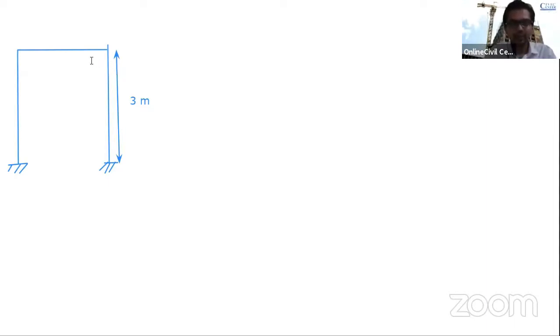Now, as we know, there is always a beam beneath every slab, so we can deduct the depth of the beam. Let's say the depth of beam equals 300 mm, or 0.3 meter.